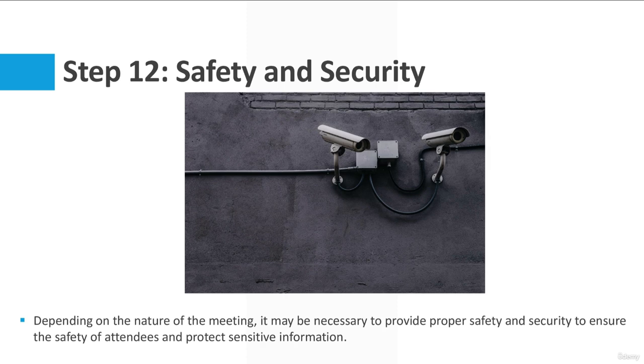Step number 12, security. Depending on the nature of the meeting, it may be necessary to provide proper safety and security to ensure the safety of attendees and protect sensitive information. Keep everything about your meeting confidential.